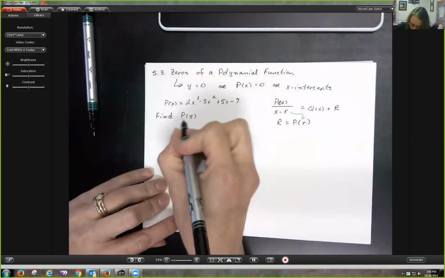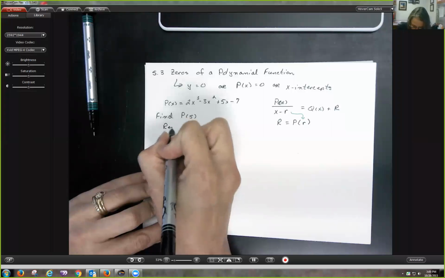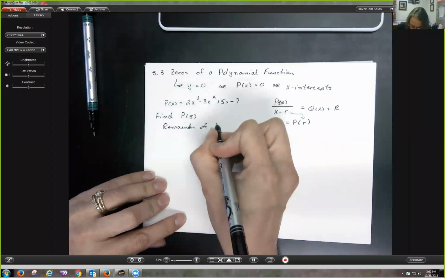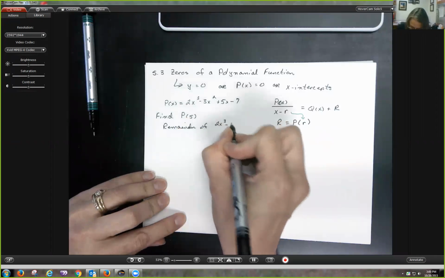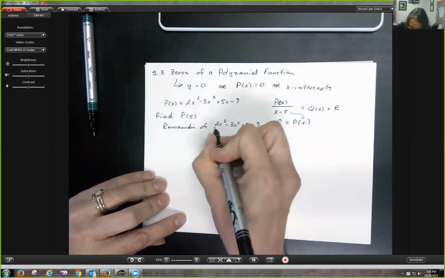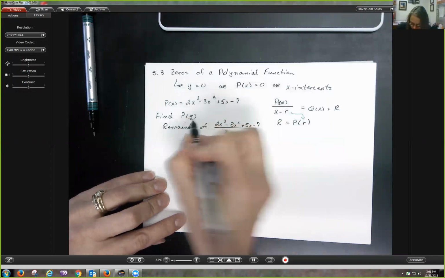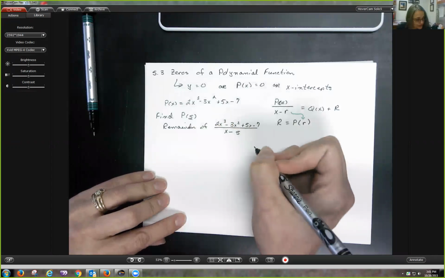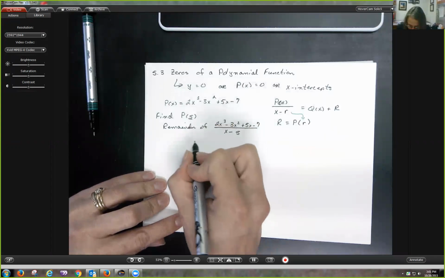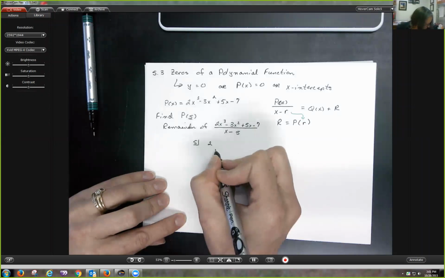So P of 5 is the same thing as the remainder of 2x to the third minus 3x squared plus 5x minus 7 over x minus whatever number we care about. In this case, we care about 5. So I'm going to do synthetic division with 5, the number that I want to evaluate the function at.